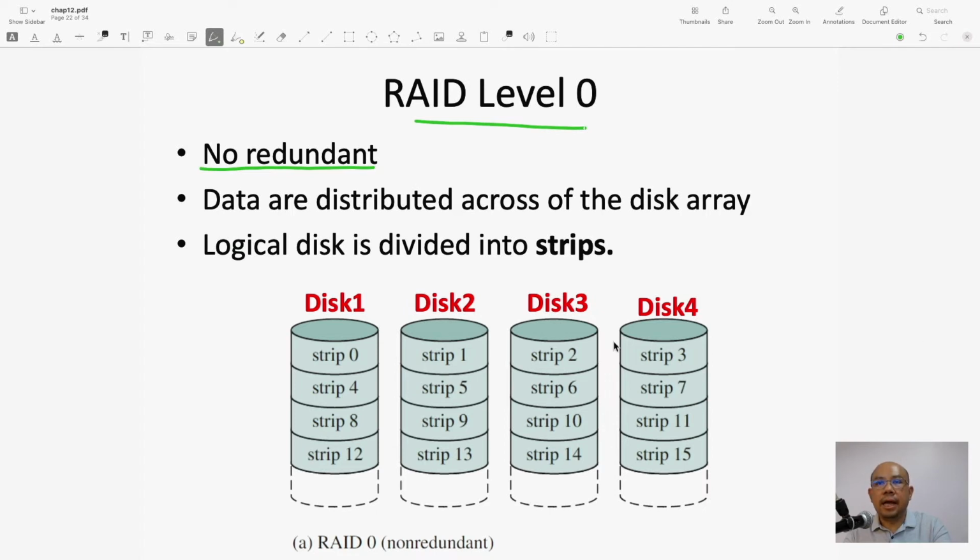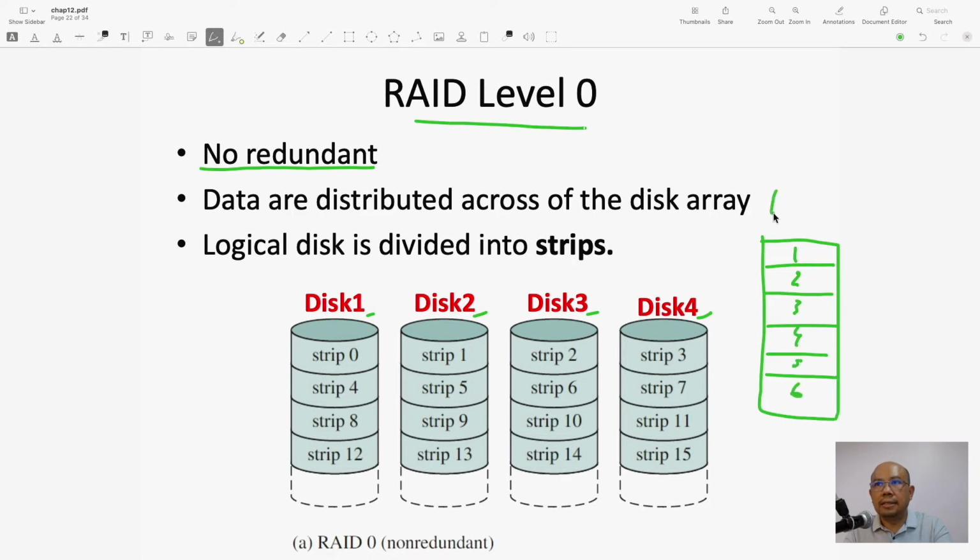In this picture, I suppose my system has four hard disks: 1, 2, 3, and 4. I have data that I divided into 6 parts.